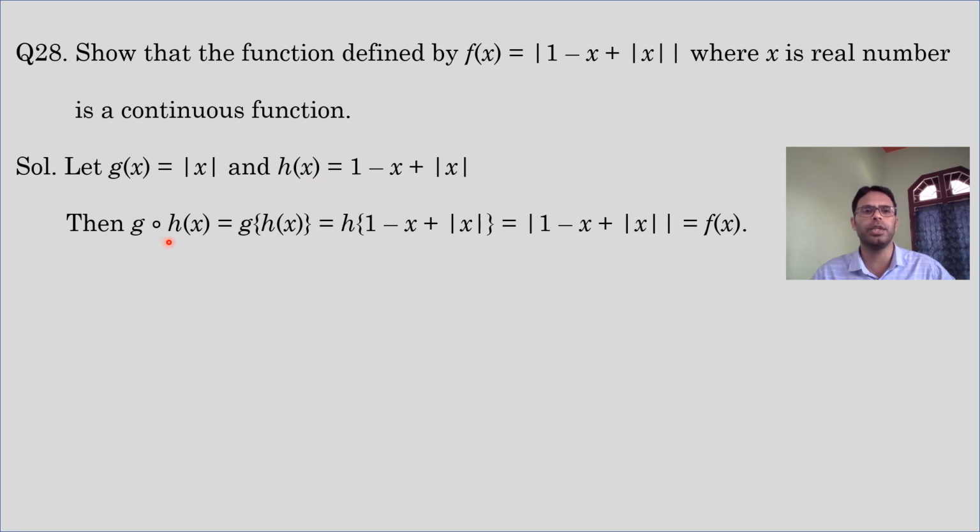So (g∘h)(x), removing g, is h(x), but h(x) is this part. Then by the g function definition, g(x) is mod of x, so g of this part is mod of this part, and this entire part is nothing but f(x). Now you should prove that this g function and this h function are both continuous functions.